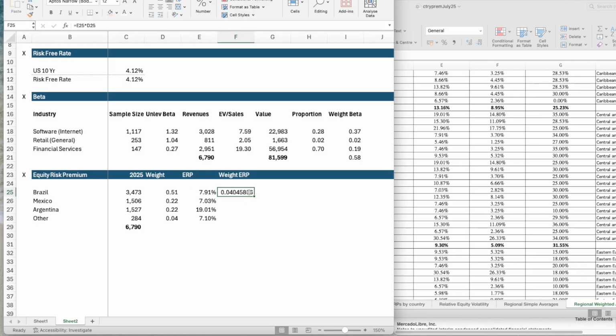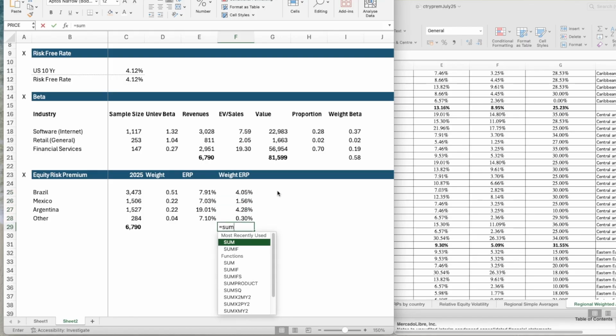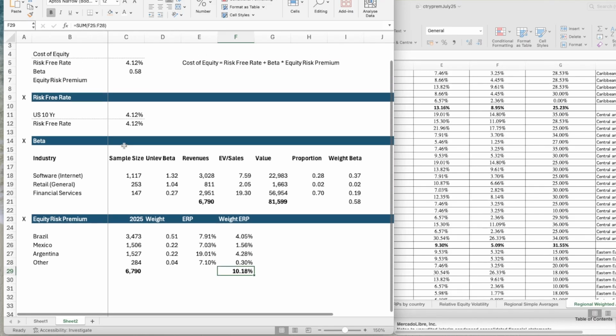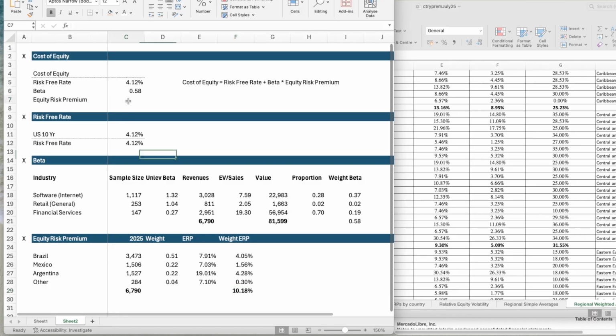So for the weighted ERP, pull it down, then we sum: 10.18%. That's our equity risk premium for MercadoLibre.